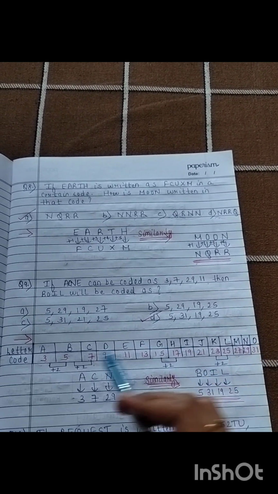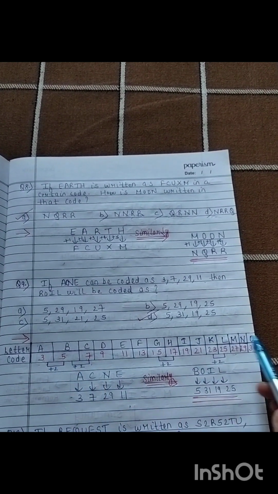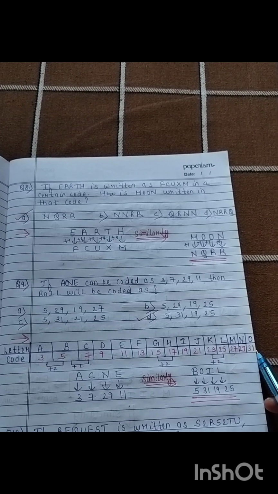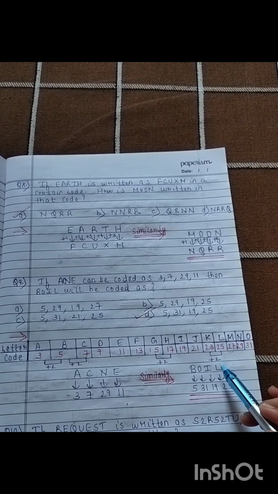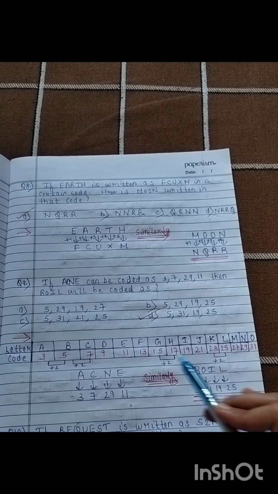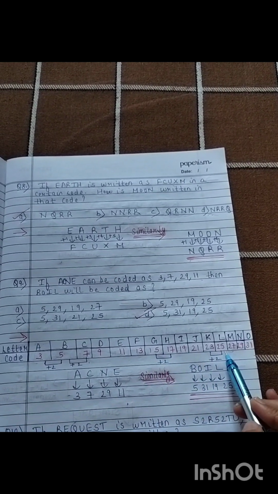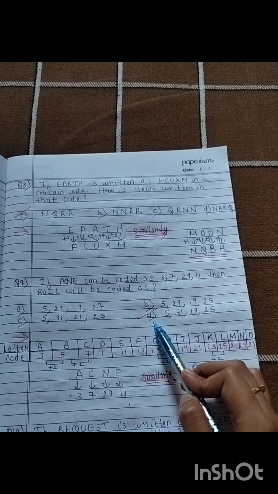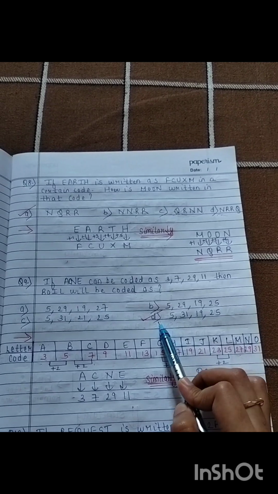So B will be 5, O will be 31, then I will be 19, and L will be 25. So option D is the correct answer. Understood?